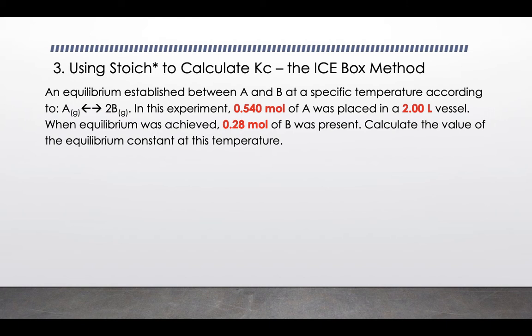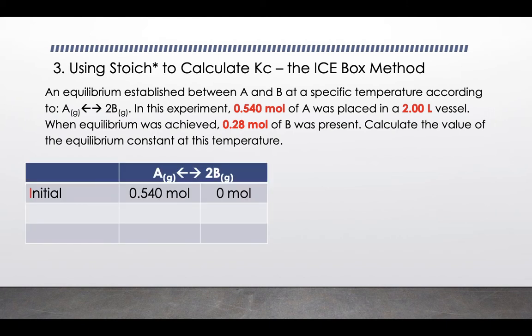Now let's sort out what the question is telling us. Basically it's saying initially you have a system that is going to reach equilibrium. Initially you have 0.54 mole of A and 0 mole of B. Then the reaction started. How is the change happening between A and B? We do not know.